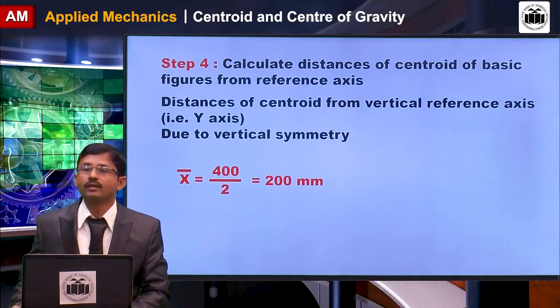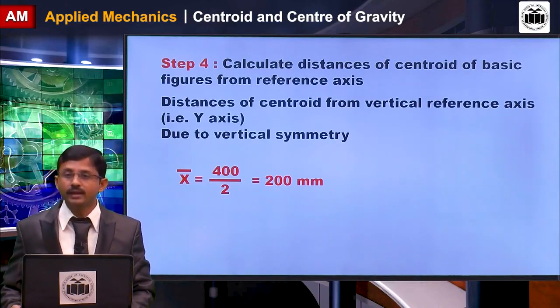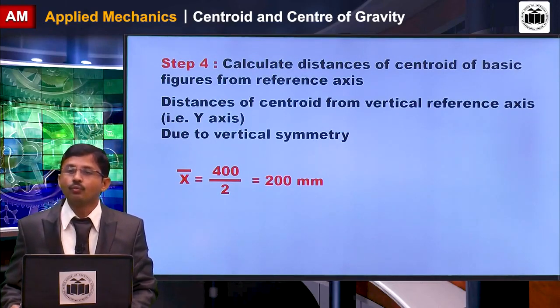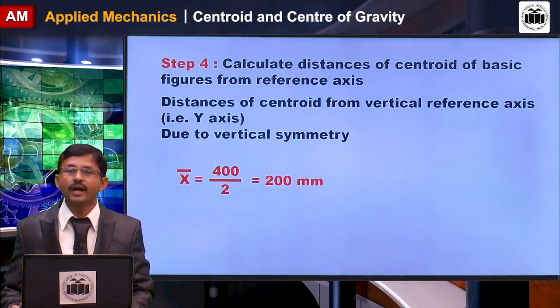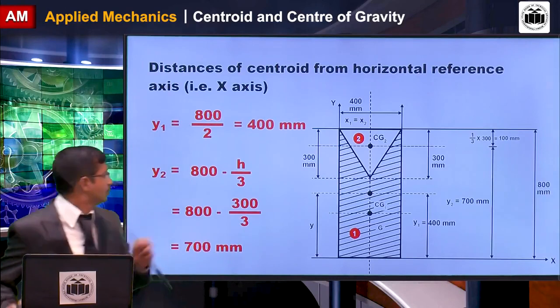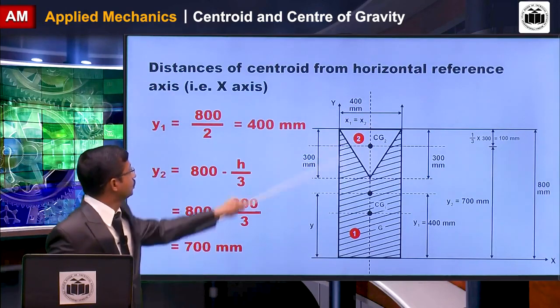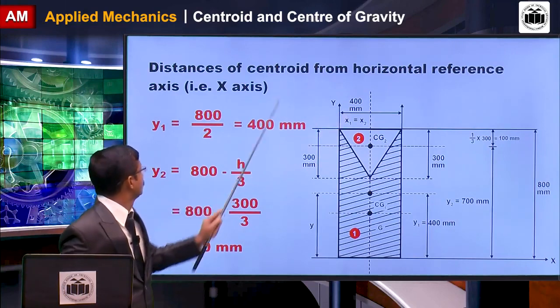Then calculate the distances of centroid from the y-axis. Due to symmetry, as this diagram is symmetrical about the y-axis, x bar is calculated as 400 by 2, which is 200 mm. Here you can see this is 400 divided by 2. This is the axis of symmetry. So directly you will get x bar as 200.